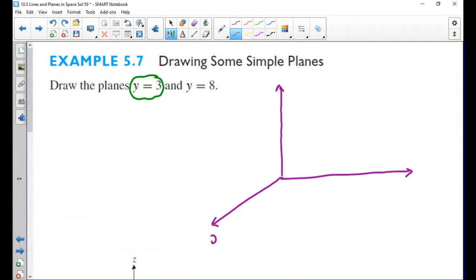Let me, so x, y, z. I want to graph y equal 3. So what I do is I go to 1, 2, 3, and at that point, I will draw a plane which is a bit like this.